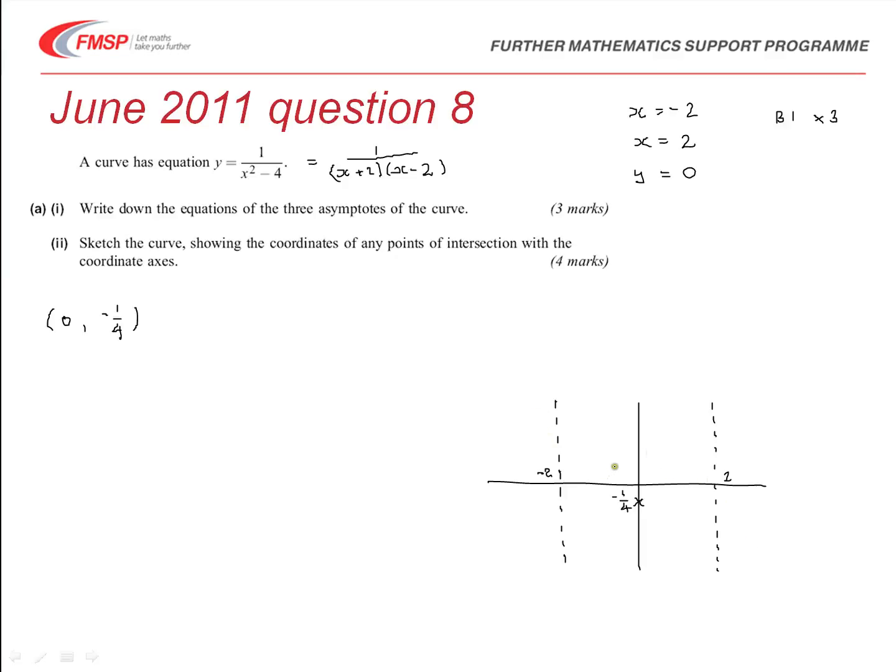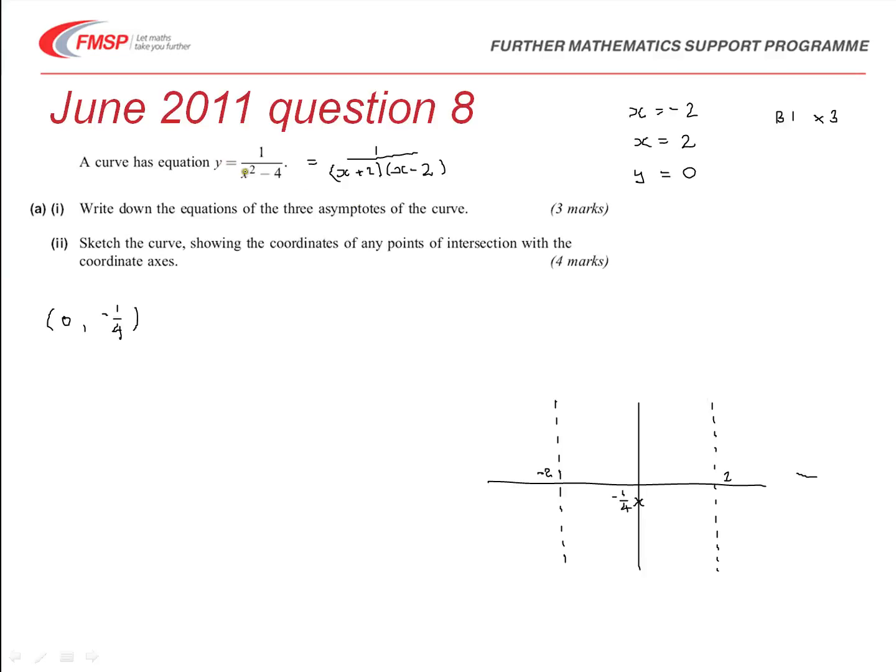We can now draw in our sections of the graph. So what we need to do is just consider what happens when x is large. Well, we know that when x is large, 1 over x squared minus 4 becomes small, so our graph is going to be above here and positive.